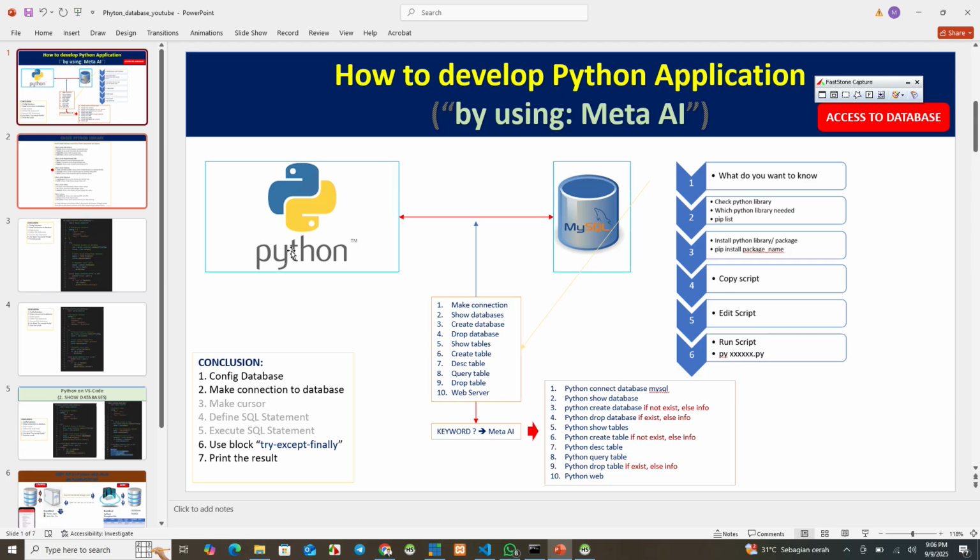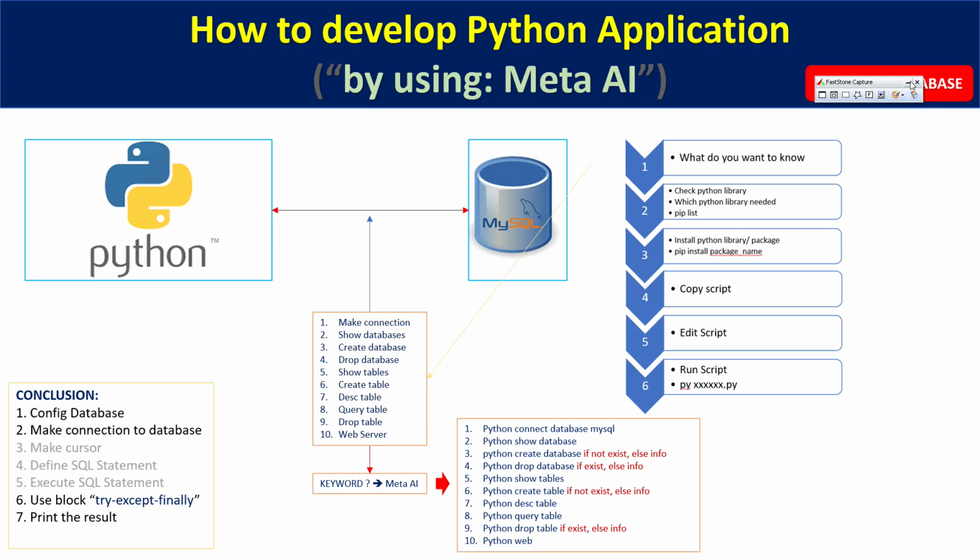Okay guys, now we make a summary. We have run some of these jobs. This is a conclusion, and this is the steps of how to develop a Python application by using Meta AI.